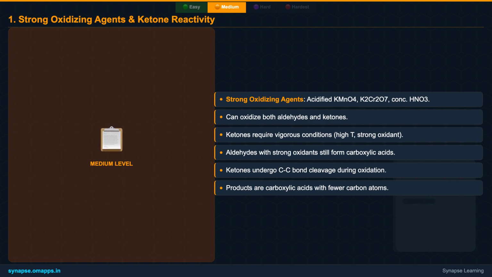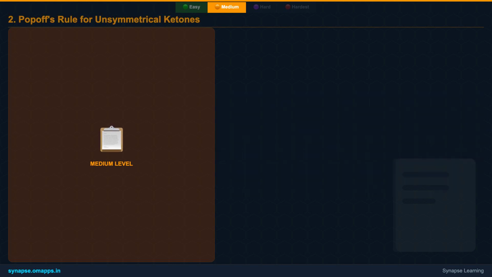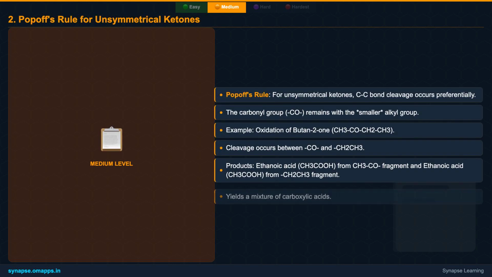For ketones, these strong conditions often lead to a dramatic transformation, involving the breaking of carbon-carbon bonds, which is a much more vigorous process. The oxidation of ketones is quite distinct. Since they don't have that easy-to-remove aldehydic hydrogen, strong conditions are needed. This results in the cleavage of carbon-carbon bonds right next to the carbonyl group.